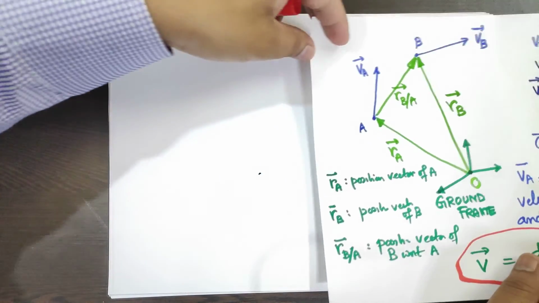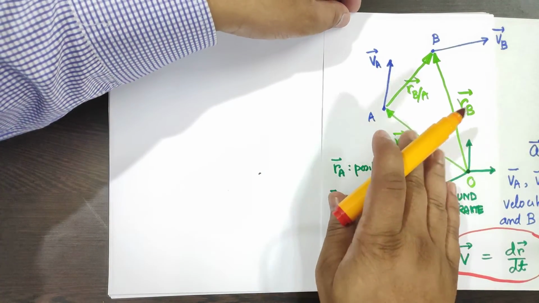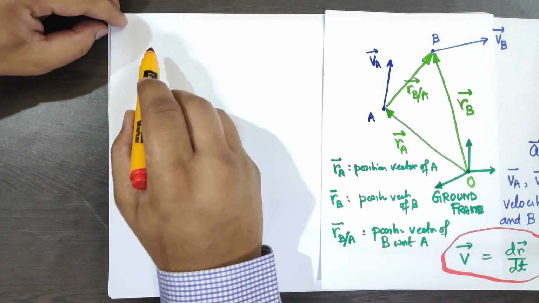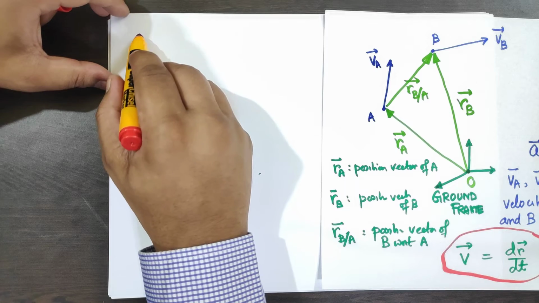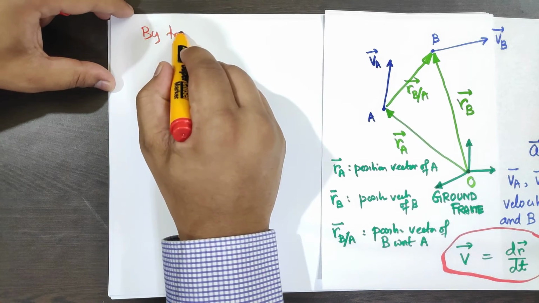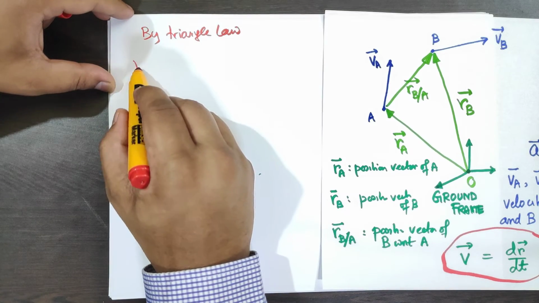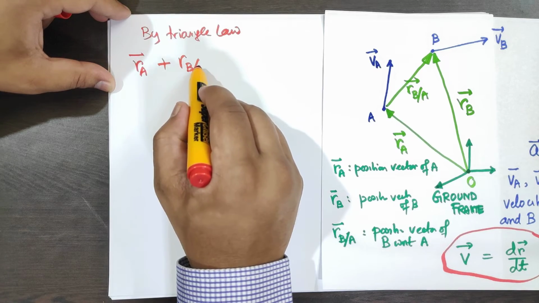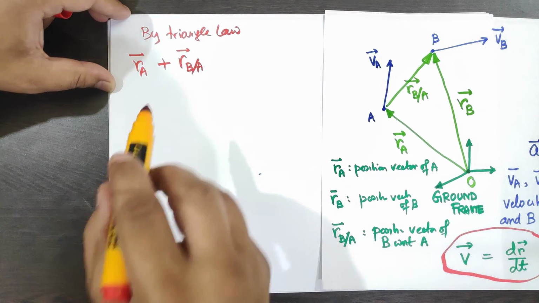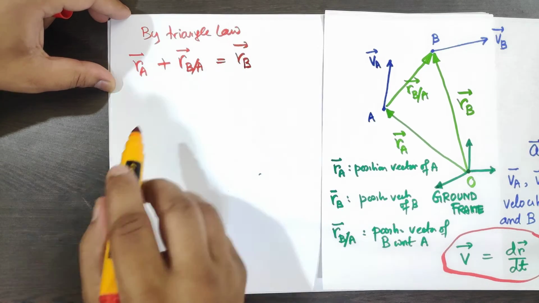Now from this diagram, I can apply the triangle law. See, this plus this equal to this. So by the triangle law, RA plus RB with respect to A equal to RB.